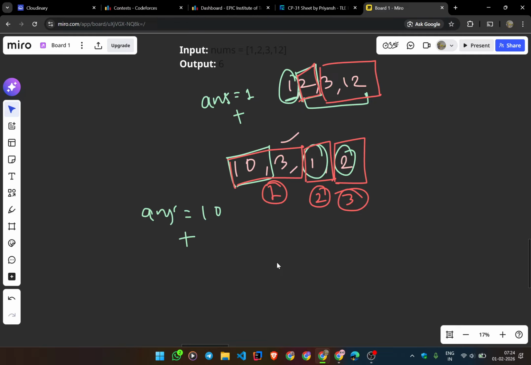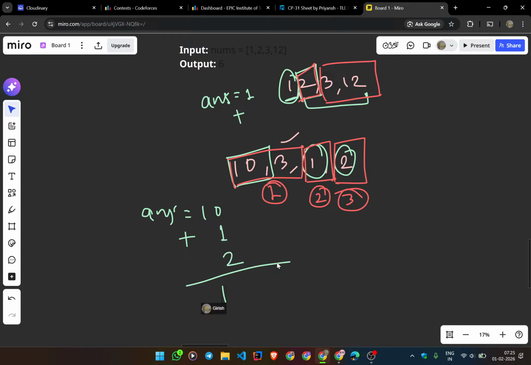So the total cost for this will be 10 plus 1 plus 2, so our total cost will be 13.